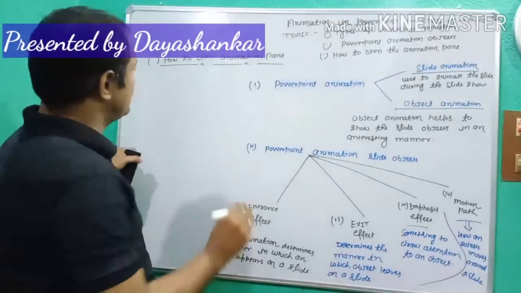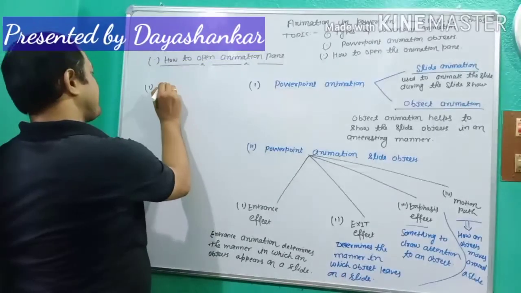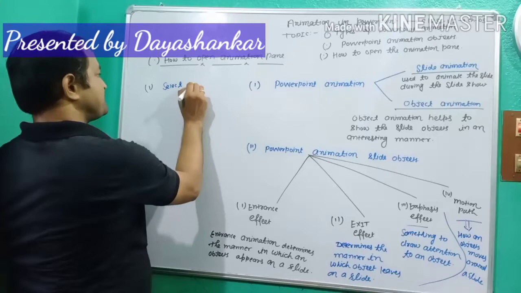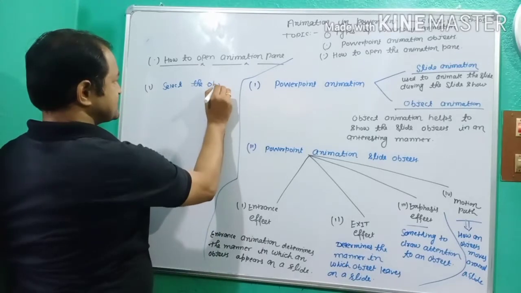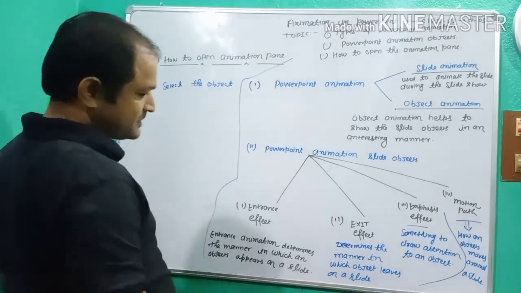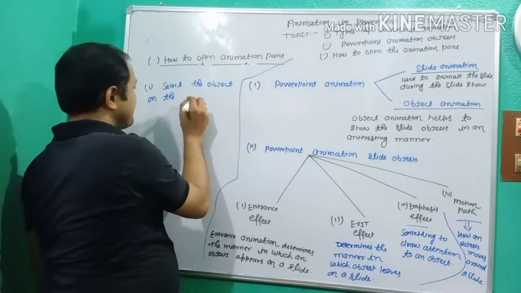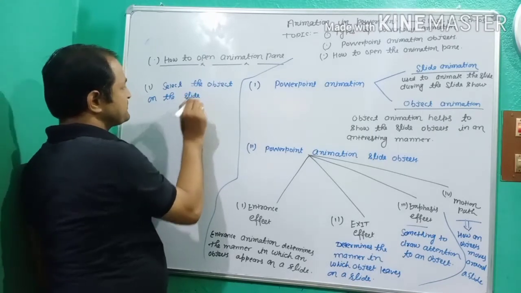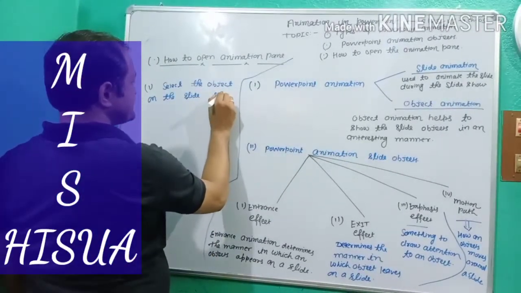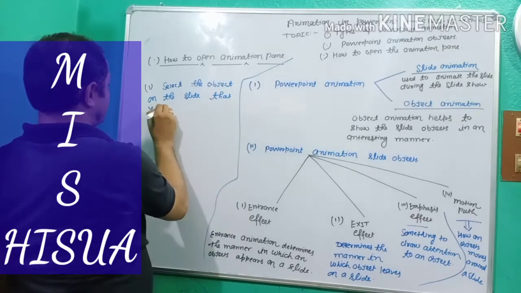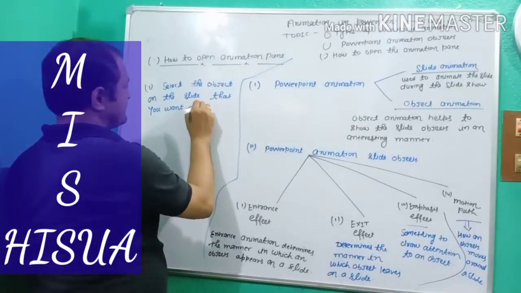First of all, select the object on the slide that you want to animate.